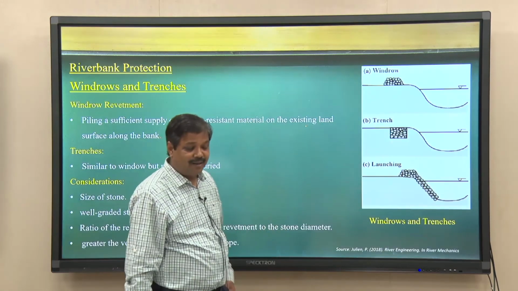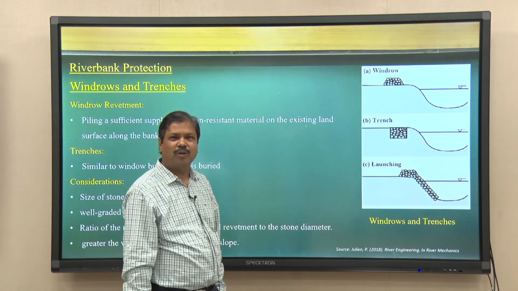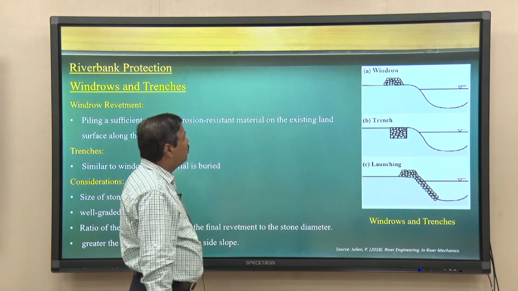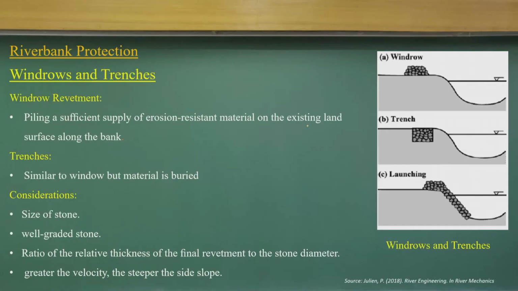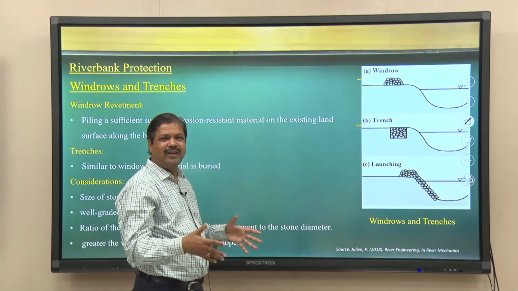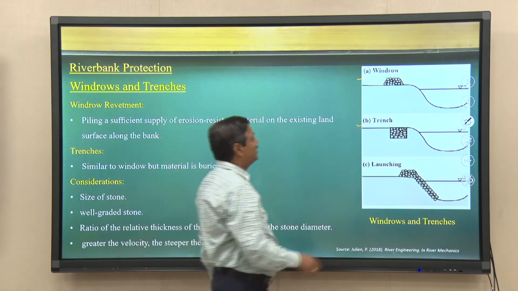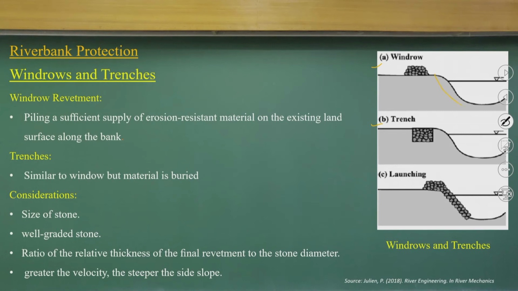Let us look at river bank protections. What we look at is a very traditional way to protect the river bank, like the windrow or the trench. If you look at these figures, it is a very simple way. You just dump those stones on the river bank, or you create a trench and fill it with stones. The idea is that as the river erodes and widens the channel, these stone materials will fall down.